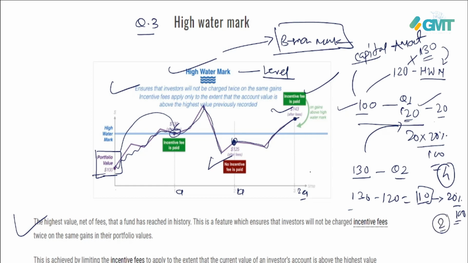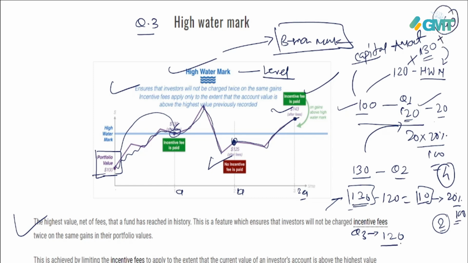But let's say in the next quarter, quarter 3, which wasn't good, the fund did not meet the high water mark which was set; instead the fund value declined, right? So at the quarter end the value was 130, but now the value is 120, and the high water mark was set at around 140, let's say.